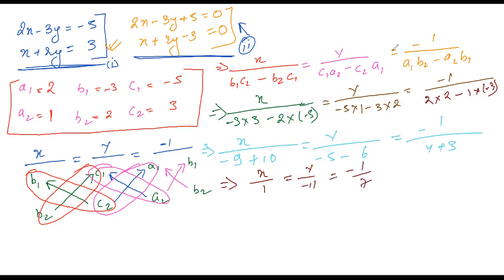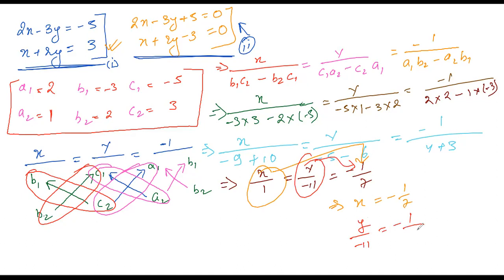When you have got it like this, then individually you go. x by 1 equals minus 1 by 7. Break the relation with this one and go for this one with this one. So it is y by minus 11 equals minus 1 by 7. Therefore y equals minus 1 by 7 into minus 11. So that is going to be 11 by 7, the answer.